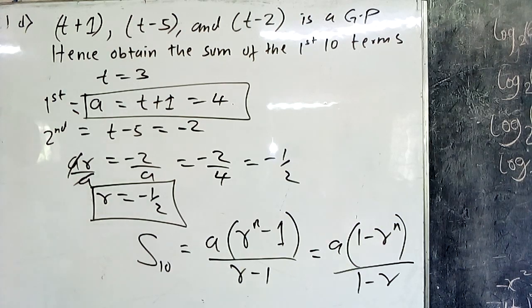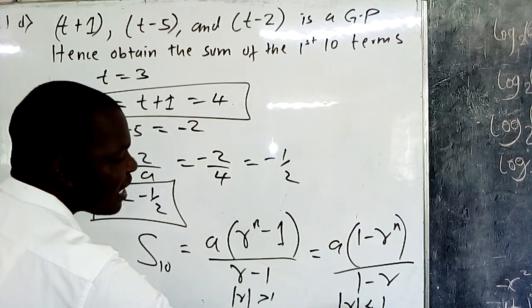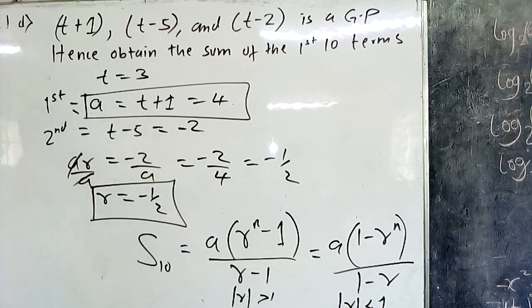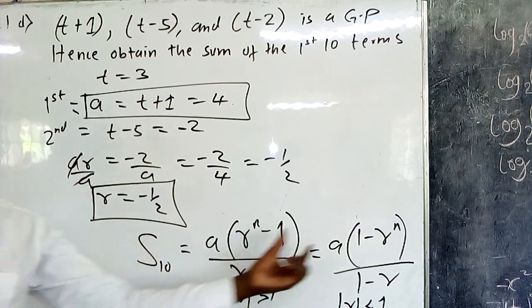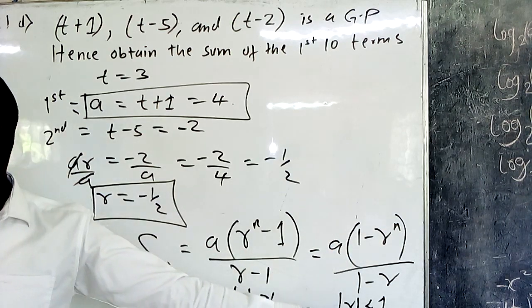So whichever you use, you get the same answer, but they do normally say you use this case when the absolute value of R is greater than 1, and you use this case when the absolute value of R is less than 1. But the answer will be the same. It's only that they are trying to tell you when the absolute value of R is less than 1.